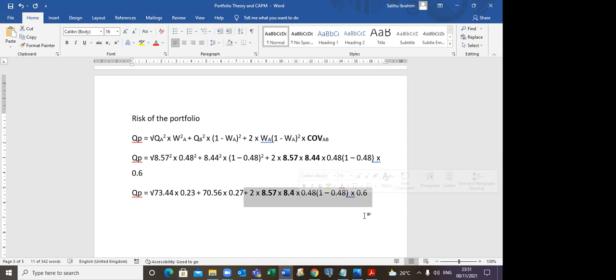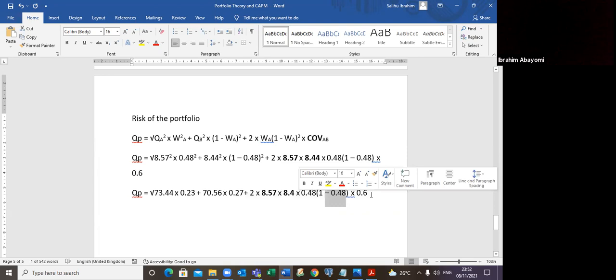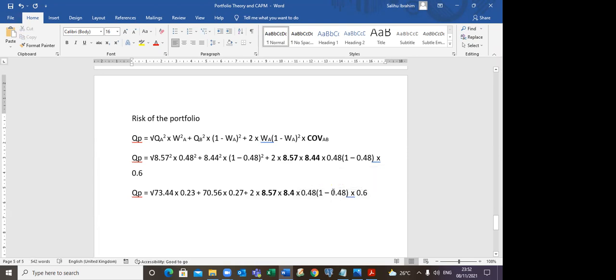I don't know whether I'm correct. I'm getting 21.56. What kind of calculator are you using? 2 times 8.57 times 8.4 times 0.48 times 0.52 times 0.6. 1 minus 0.48 is 0.52 now.